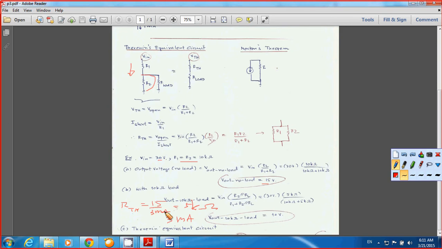This is your Thevenin equivalent circuit. 5k ohms right there.